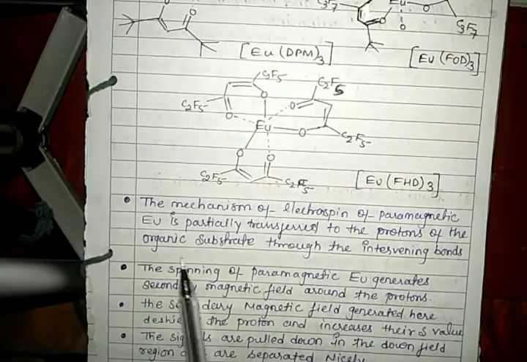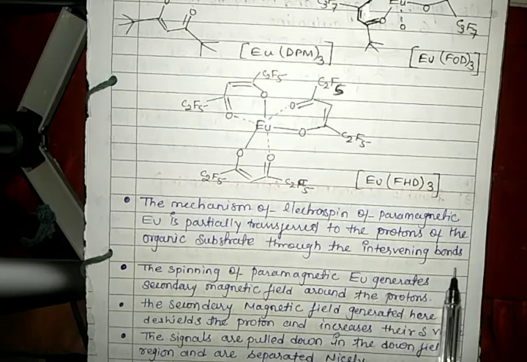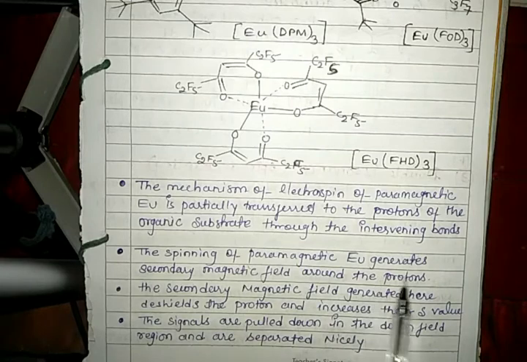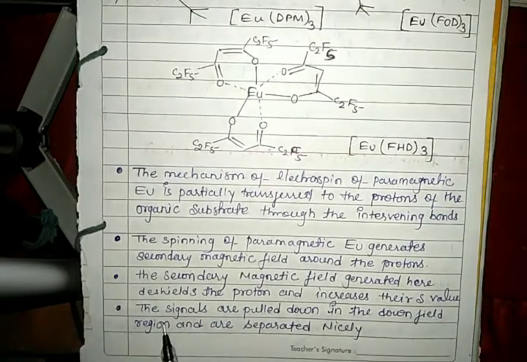First point, the mechanism: electron spin of paramagnetic europium is partially transferred to the proton of the organic substrate through the intervening bonds. Next point, the spinning of paramagnetic europium generates secondary magnetic field around the proton. Third point, the secondary magnetic field generated here deshields the proton and increases their delta value. And fourth point, the signals are pulled down in the downfield region and are separated nicely.